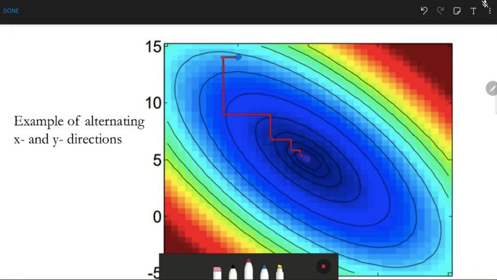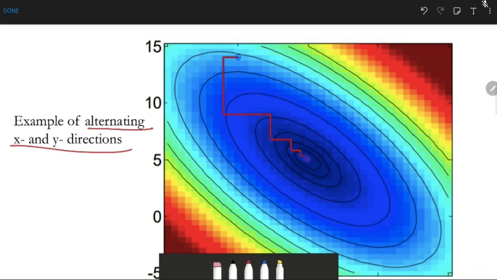The answer is down, so he will go down until it decreases so much that after he steps more than that it's increasing. So he will stop there. Now the next question, where is my x decreasing, left or right? This is the meaning of alternating x and y. First he will check for x, then y, x, y, x, y, and so on. This is one method, so alternating x and y directions is this algorithm.